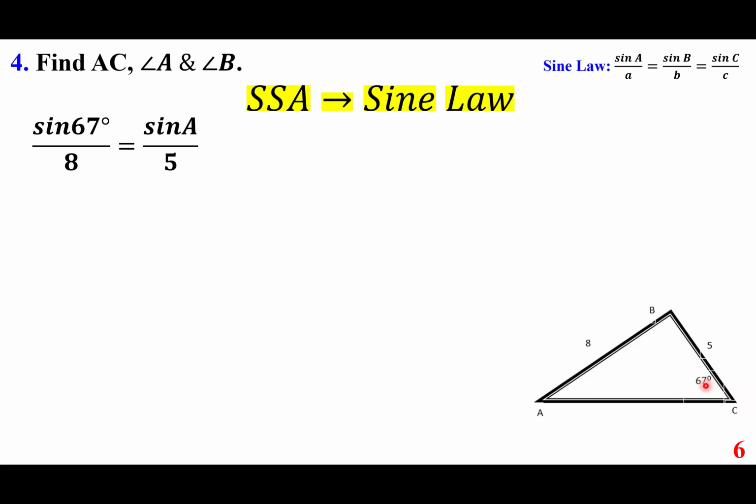So what we have is 67 degrees. So sine of 67 degrees over 8, and what we have is 5, and A is missing, sine of A over 5.